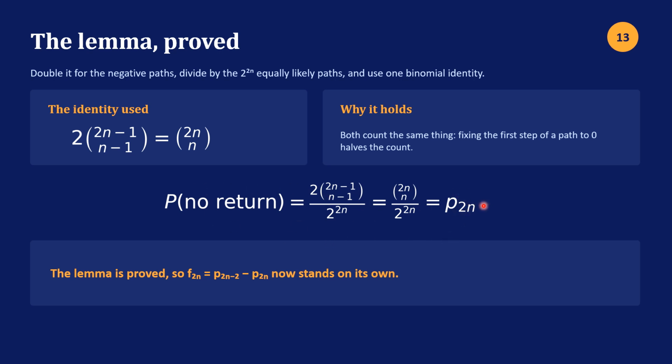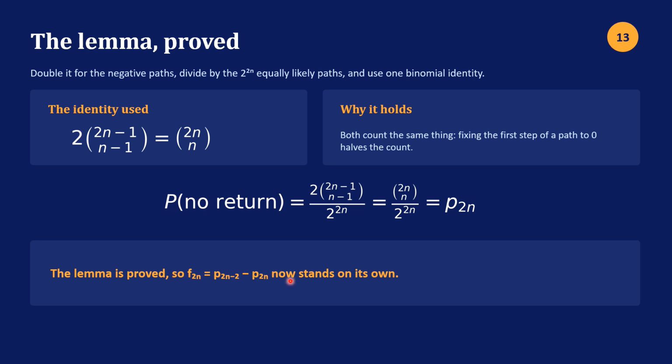And if you recall from multiple slides back, and you may need to look at this a second time, I know there's a lot here. We said once we can prove this, then the result we really wanted, the probability of first return after 2n steps, is equal to the probability of being in state 0 after 2n minus 2 steps minus the probability of being in 0 after 2n steps.